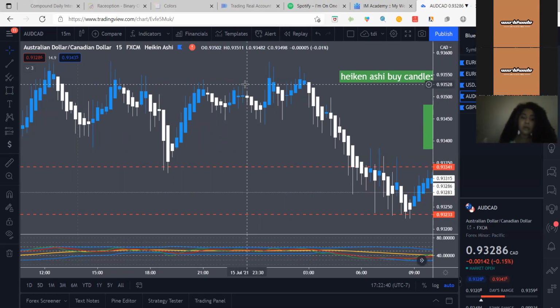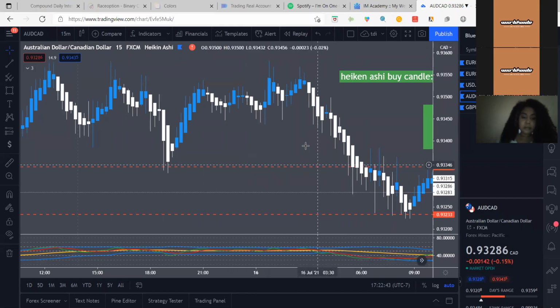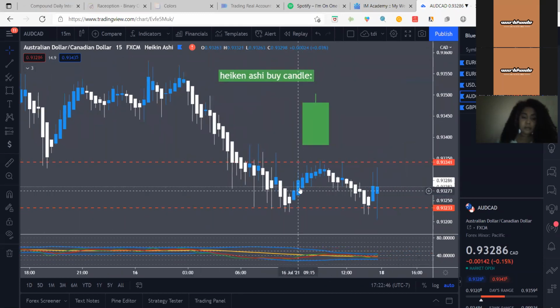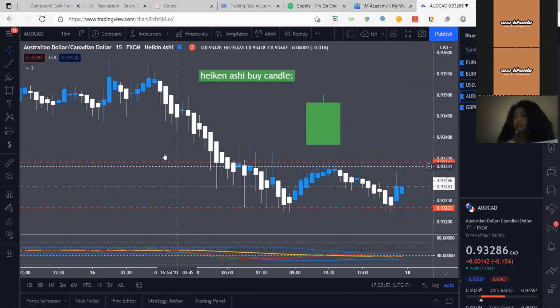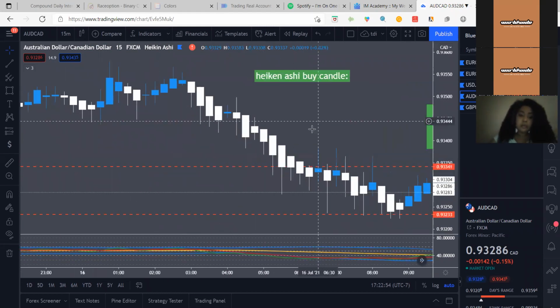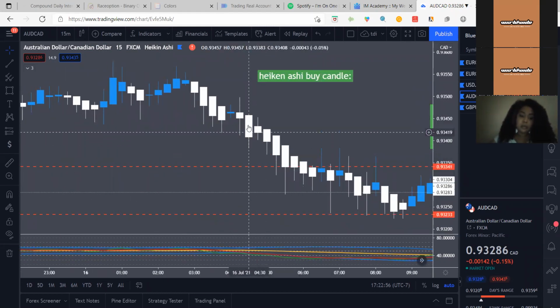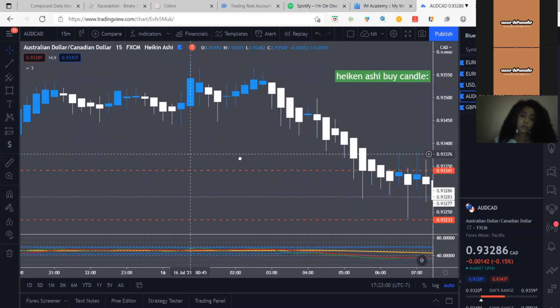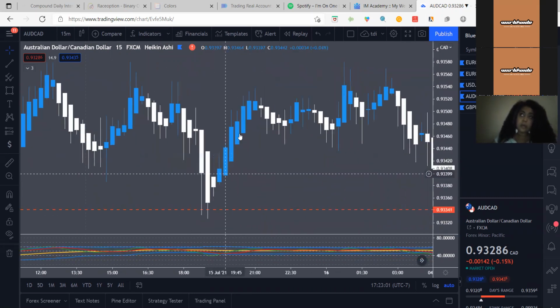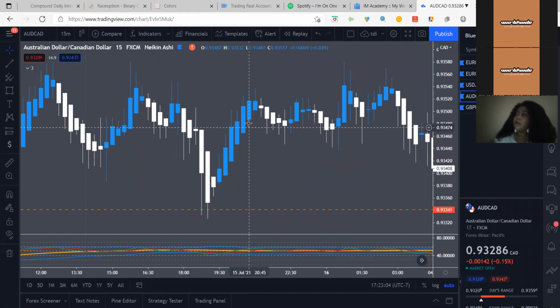Put my stuff in the chart real quick. Boom. Now, the longer the candle, the more momentum the buyer or seller has. So, for example, you see right here, the longer the candles, the more the market moves in that direction. The longer the candles, the faster the market moves in that direction.